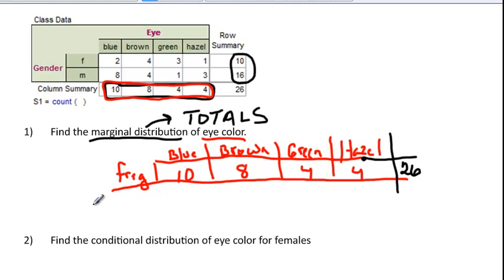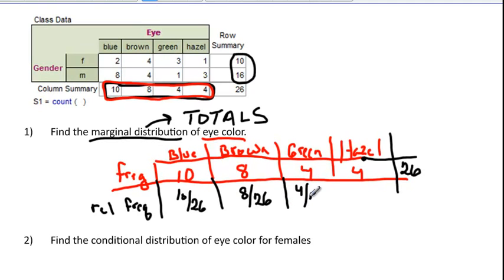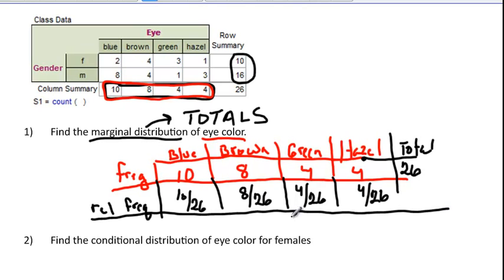So for relative frequency, 10 out of 26 students have blue eyes, 8 out of 26 have brown, 4 out of 26 have green, and 4 out of 26 have hazel. And we could easily then convert these numbers to percentages.